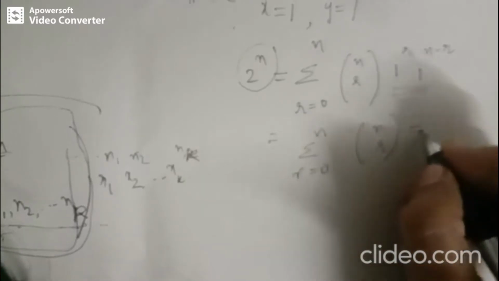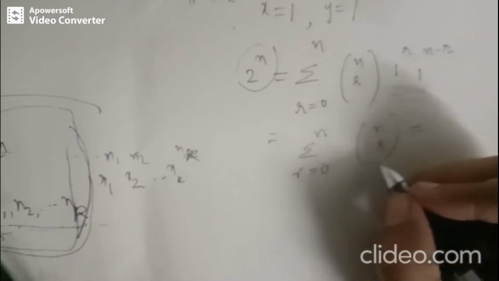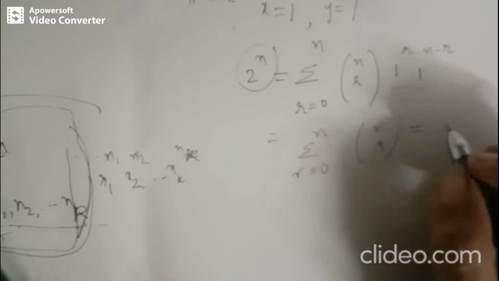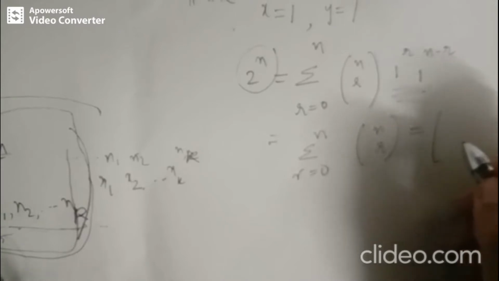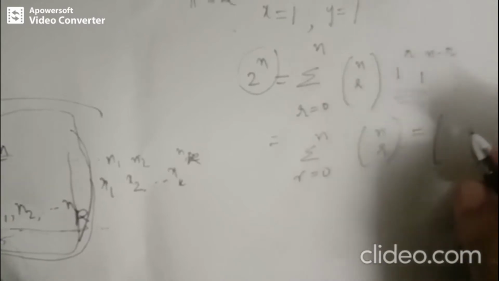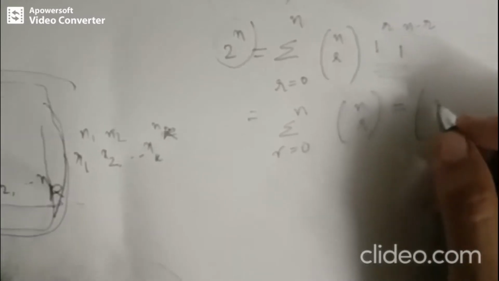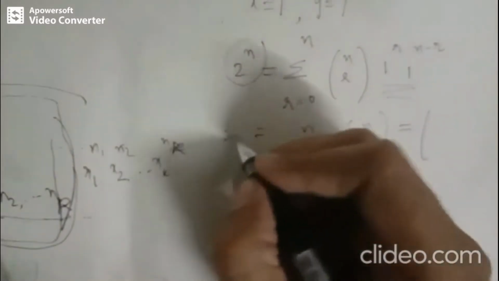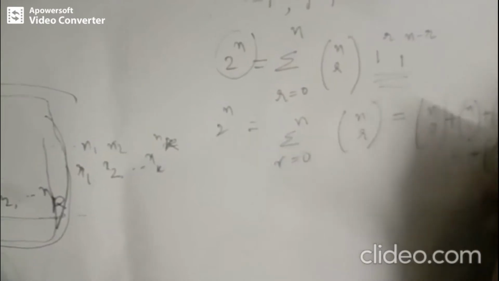In simplified form, we substitute r is 0 to n. That means we substitute r is 0 the first time, the next time r is equal to 1, and so on up till we reach the value n. So what we finally get is 2 raised to n is nothing but nC0 plus nC1 plus nC2 and so on plus nCn.